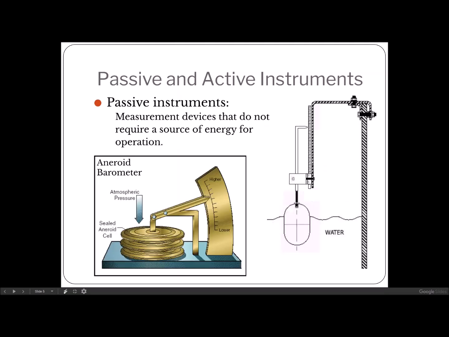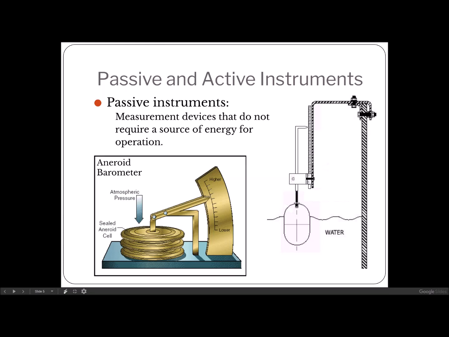Okay, we can classify measurement devices as passive or active instruments. This is a rather straightforward classification. An instrument is called passive if the device does not require external energy for operation.